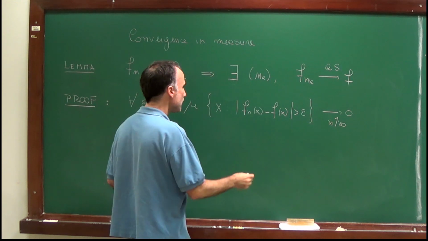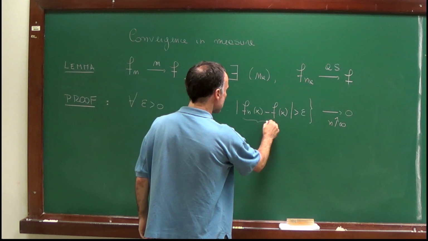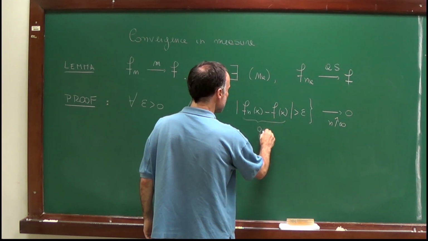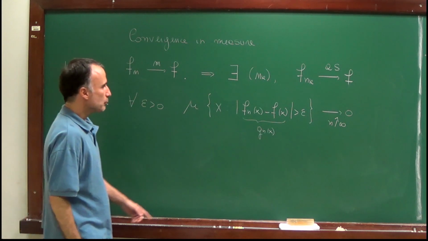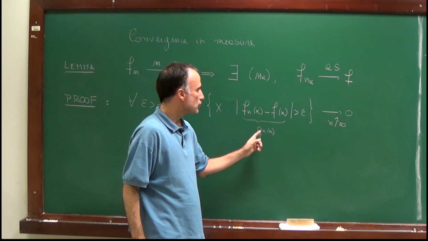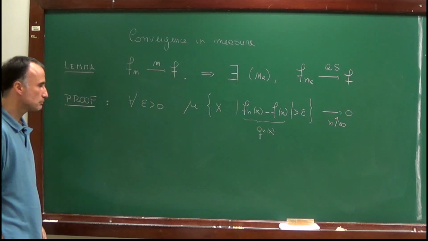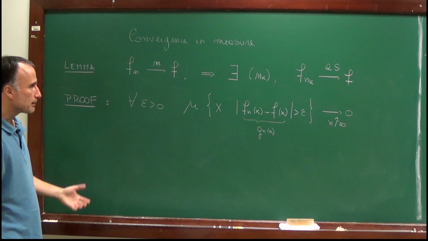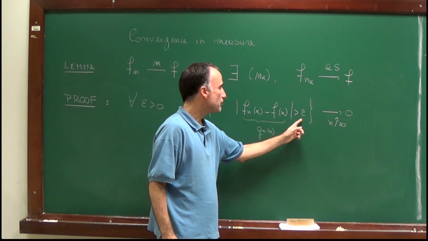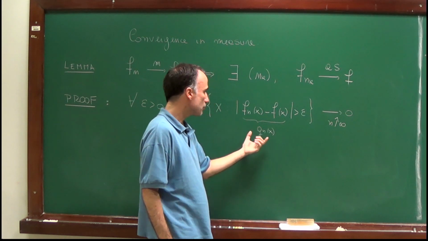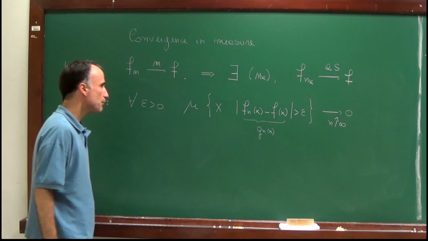Just to avoid writing Fn(x) minus F(x), let me call this difference Gn(x). And what I want to prove is that Gn is converging almost surely to 0 from the fact that it converges to 0 in measure. So from Gn, I want to construct a subsequence, G_nk, which converges to 0 almost surely.